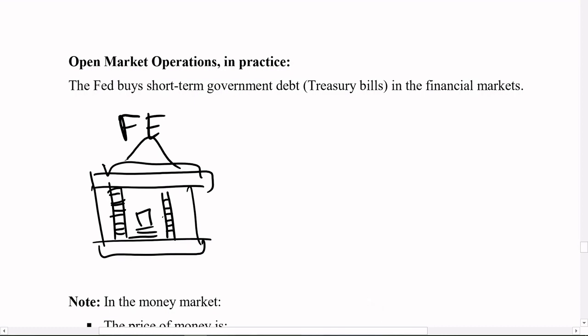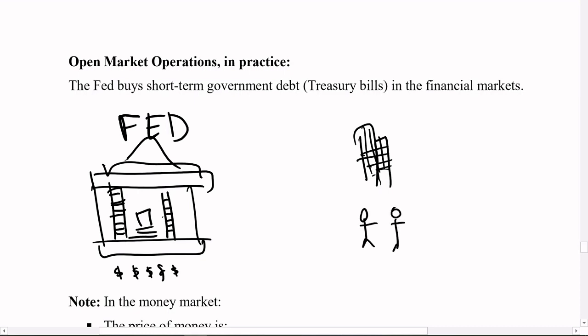Oops, Fed. So here's the Federal Reserve. They have a bunch of money in their vaults. And now we have some institutional investors on Wall Street, and then we have some normal investors, and even potentially some foreign countries. But these investors, they own some bonds.